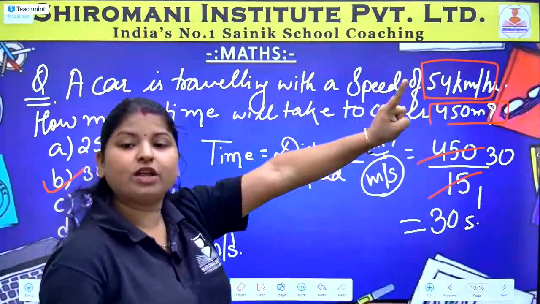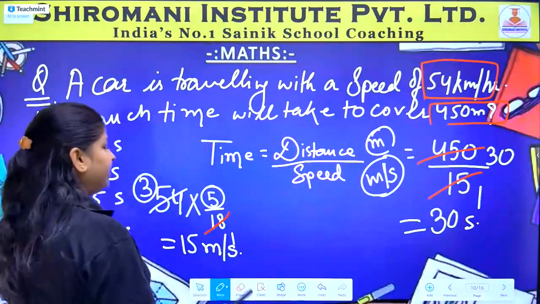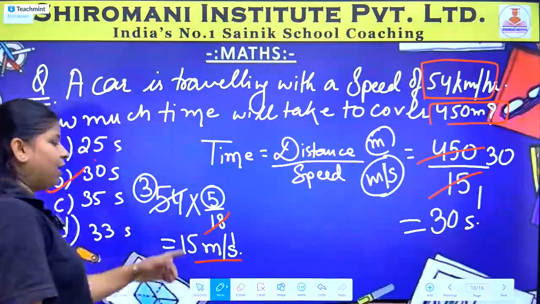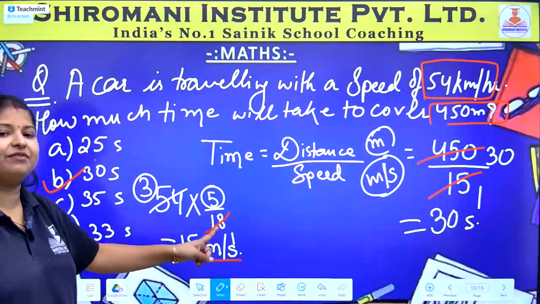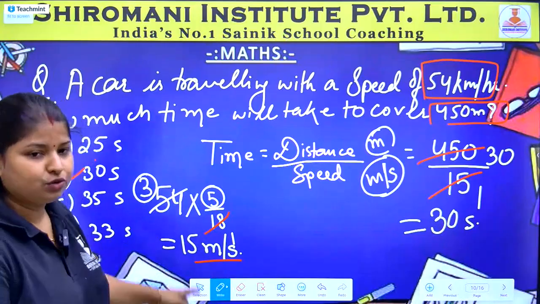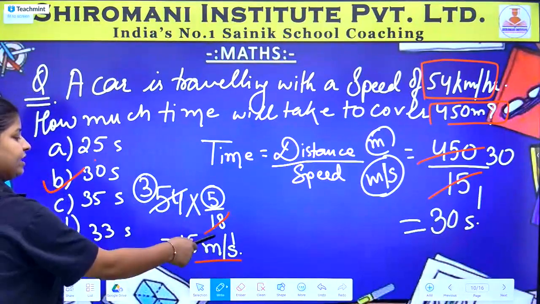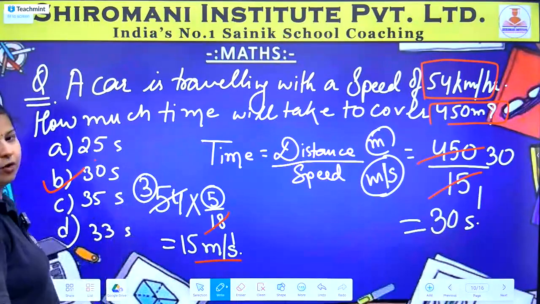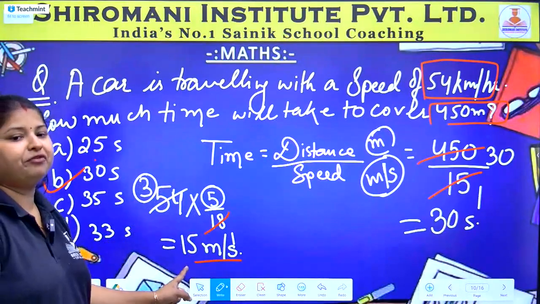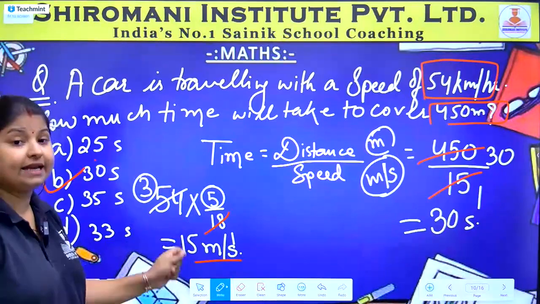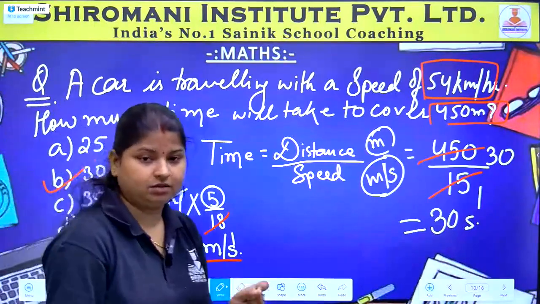So 54 kilometer per hour, I will convert it into meter per second by multiplying it by 5 upon 18. So 54 into 5 upon 18. 18 ones are 18, 18 threes are 54. 3 into 5, 15 meter per second is my speed.